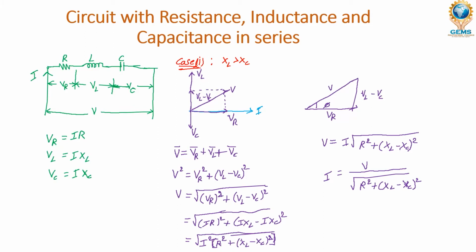We'll see here this is I equals V by Z. In this case Z equals square root of R square plus (XL minus XC) whole square. This is the Z value.